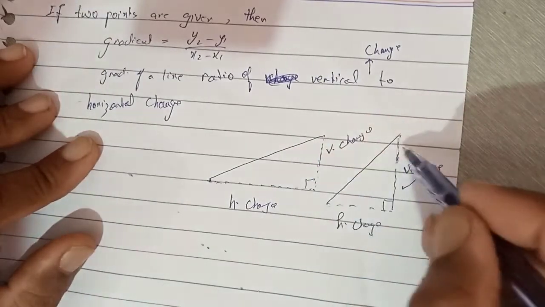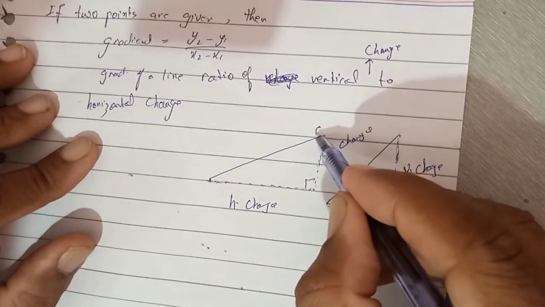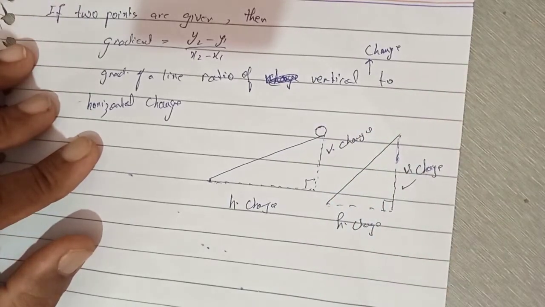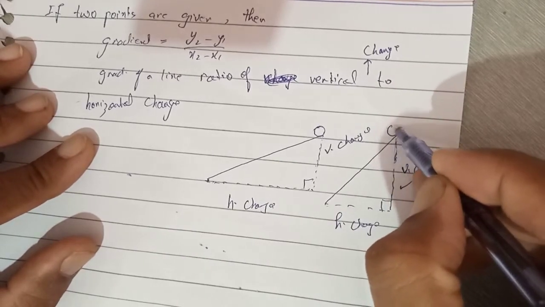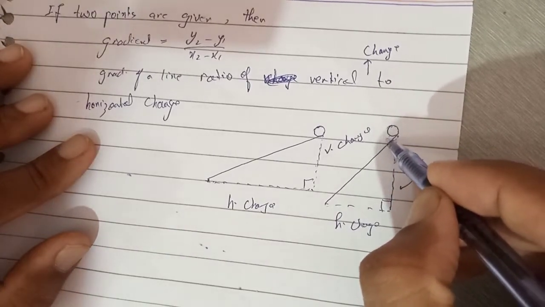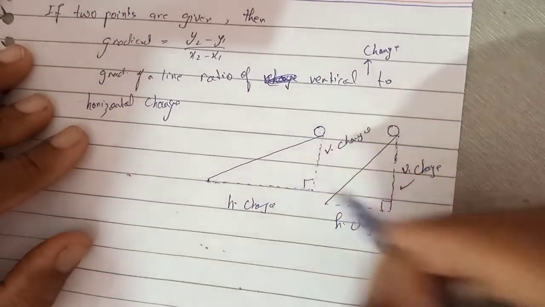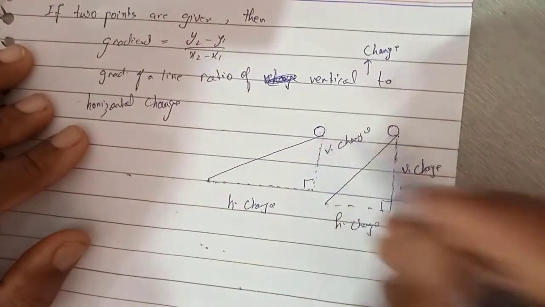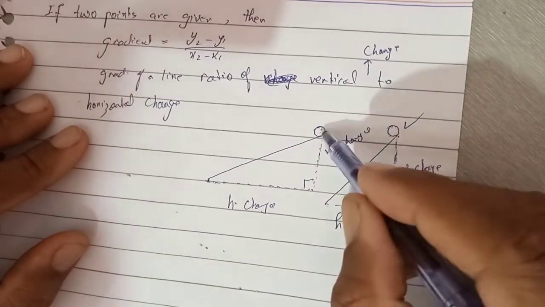This has smaller gradient, this has larger gradient. If you put a ball at the top end of this line, it will roll down, but if you put the ball over here, it will roll faster as compared to this ball on this slope. Therefore it has greater gradient, and this has smaller gradient.